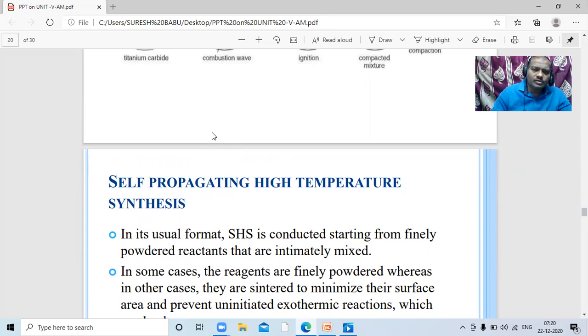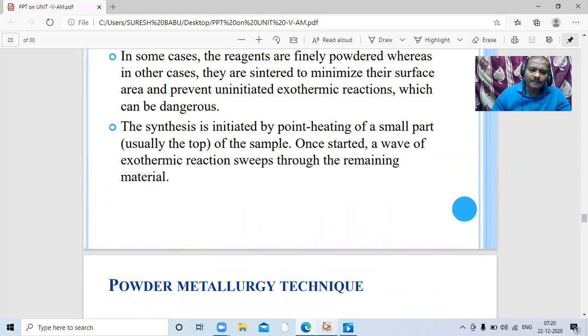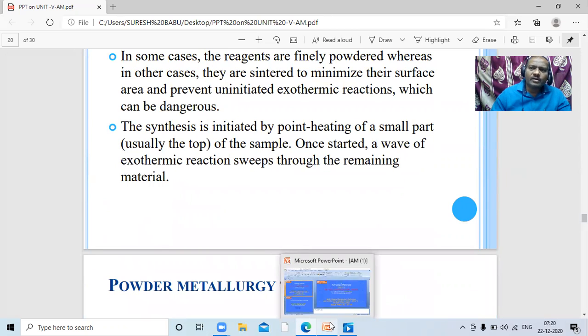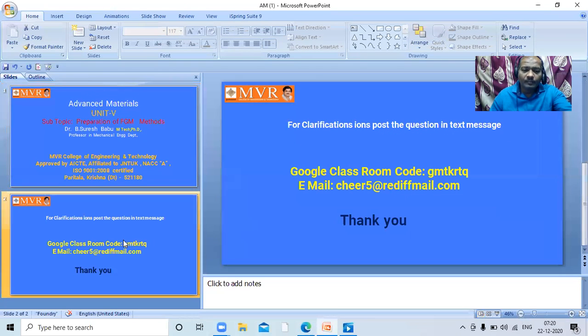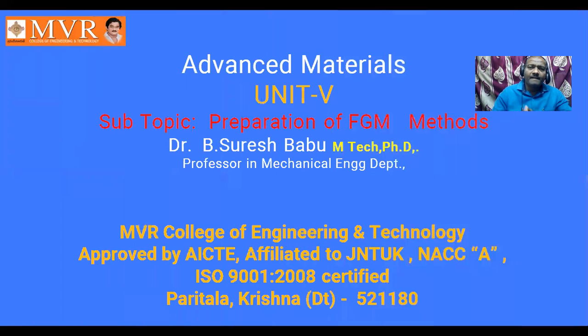If you have any doubts, you can mail me. The mail ID is cheer5 at rediffmail.com. So by this I have completed two parts in the syllabus. In the beginning of the class, I explained what FGM is, its definition, application and process, classification and how these are available.